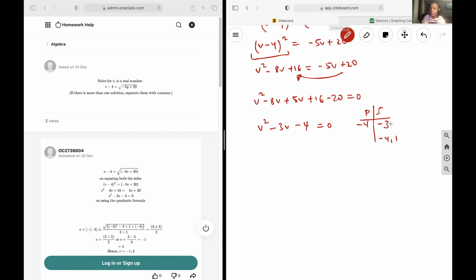So negative 4 plus 1 is negative 3, and negative 4 times 1 is negative 4. So that is going to give us v minus 4 and v plus 1 is equal to 0. This means that v is equal to 4 and v is equal to negative 1 are our two answers.